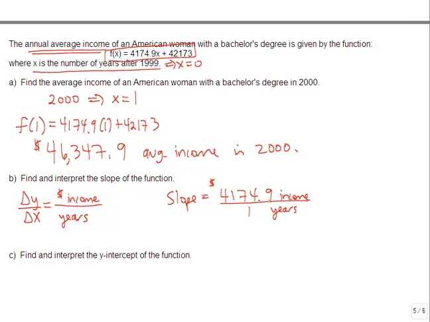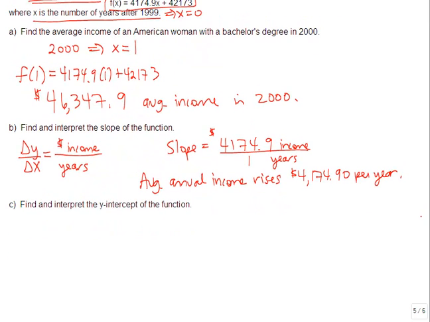So think of that fraction line as per. So the slope means that the average annual income rises or goes up by $4,174.90 per year. Okay? So that was our m.